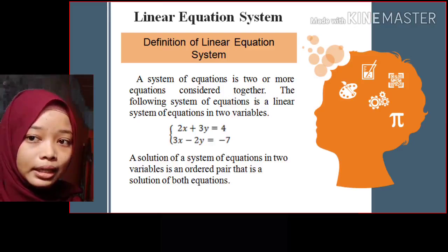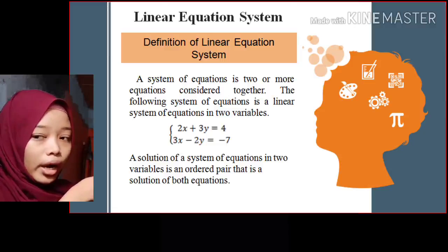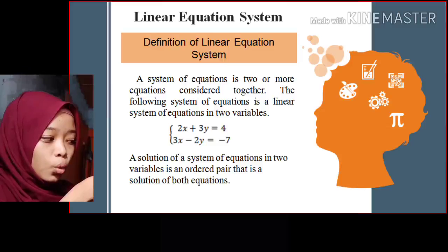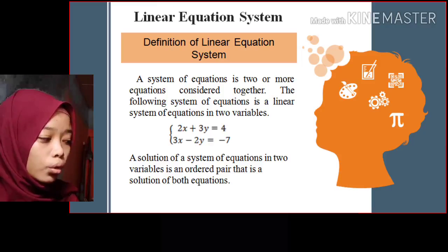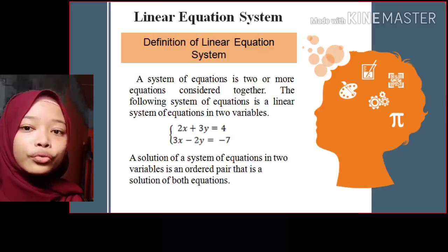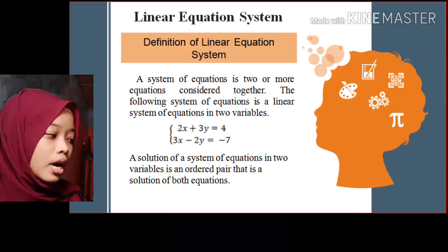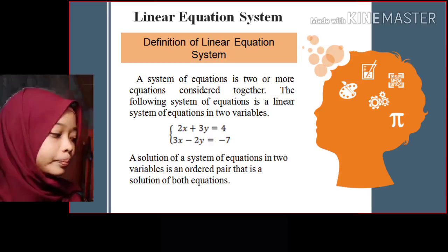For example, like this. 2x plus 3y equals 4, and then 3x minus 2y equals -7. A solution of a system of equations is an ordered pair that is a solution of both equations.